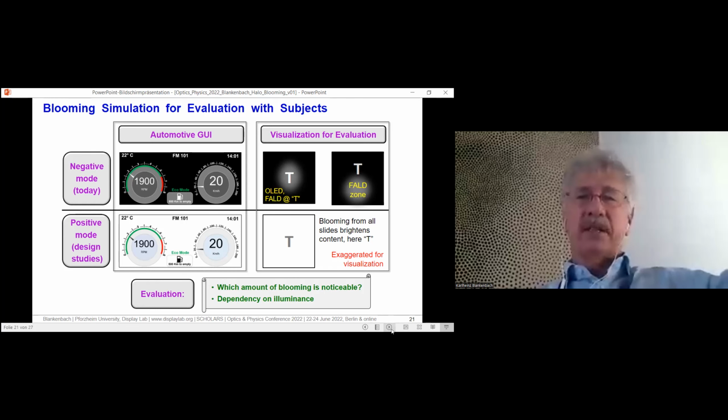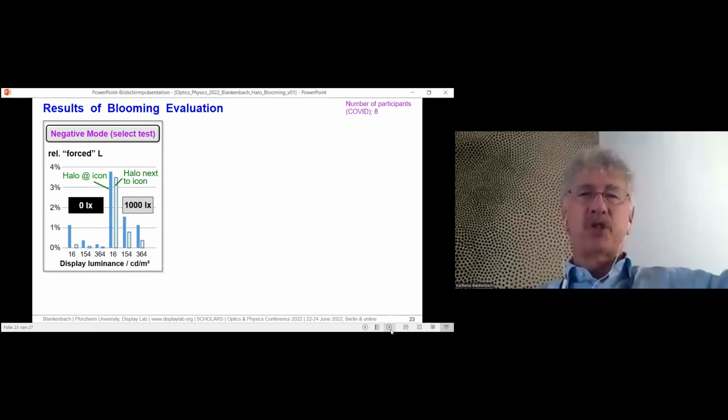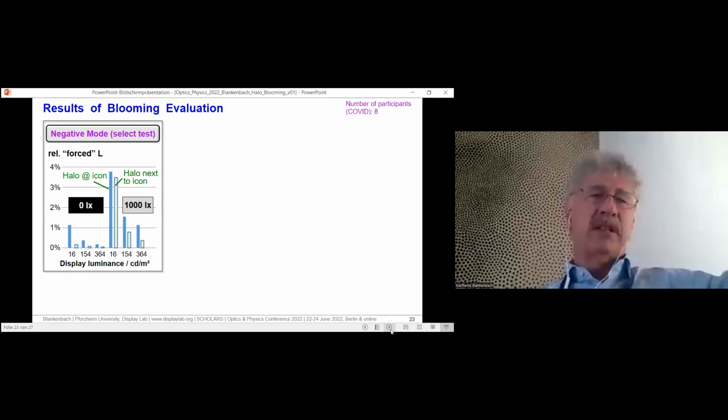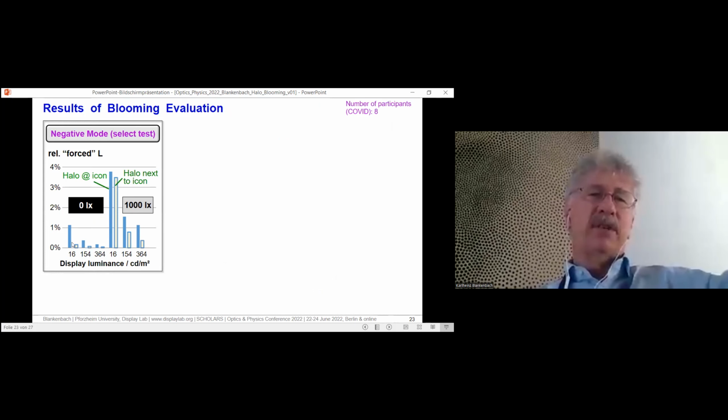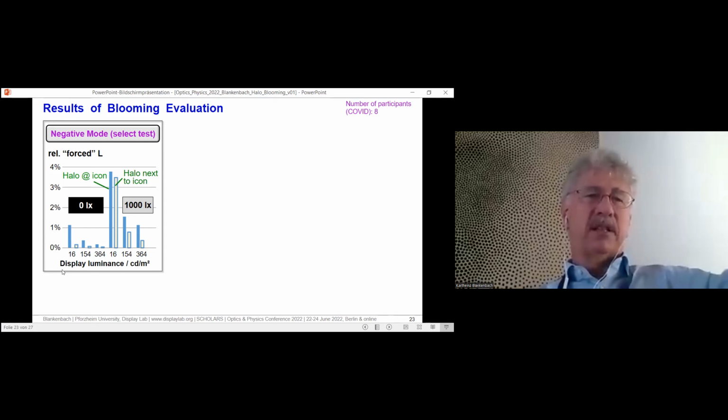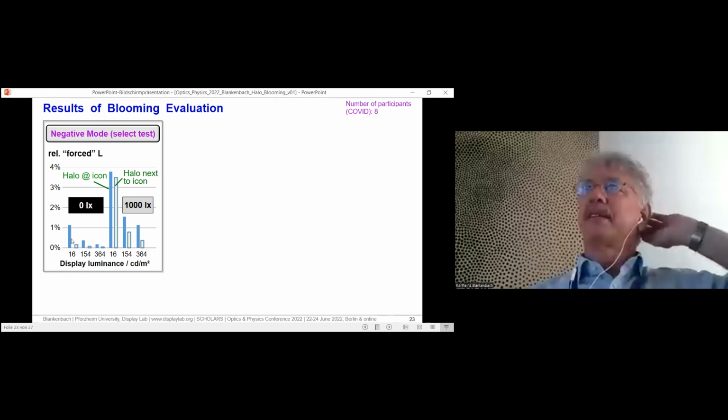So on this basis, we made evaluations with subjects. However, due to COVID, just 8, but 6 of them were display experts. And at the first test in the negative mode, we used what I showed you, the forced luminance halo method, and the subjects had to judge where they see halo, and with the measured luminance and gray level, we are able to say that for a reasonable distance in a darkroom, here you see it's done in a darkroom, 16 candela per square meter is typical, so you can see 1%.